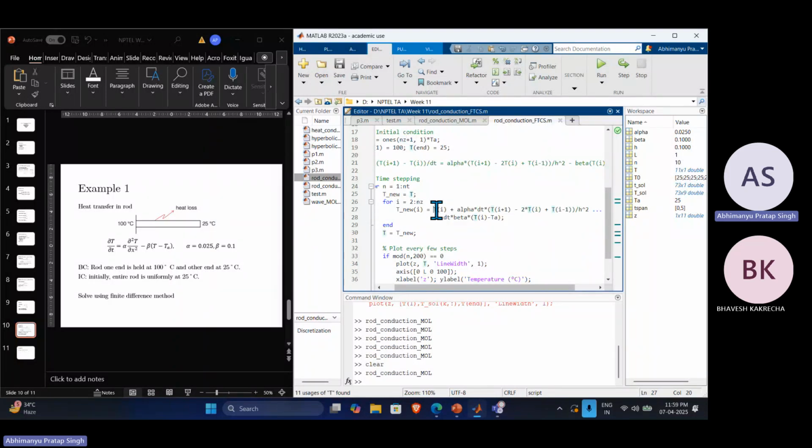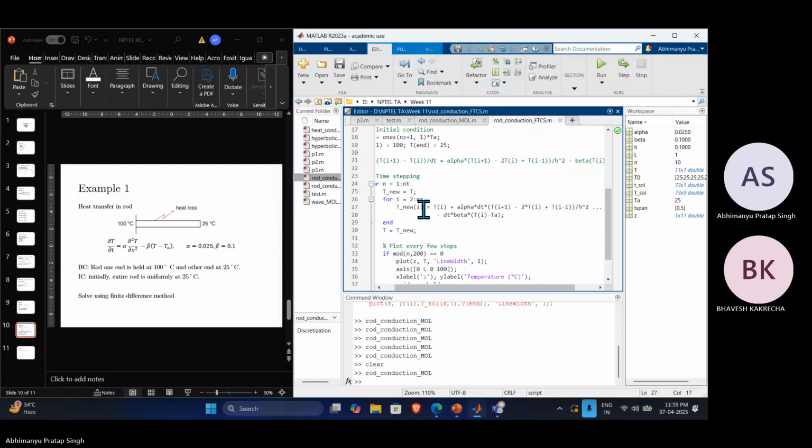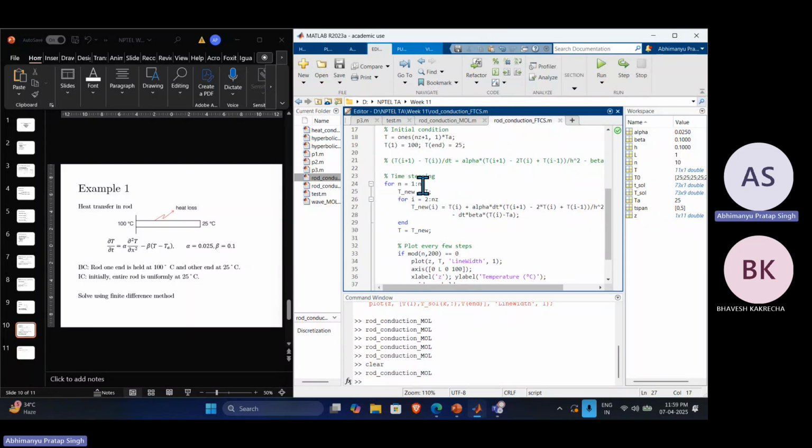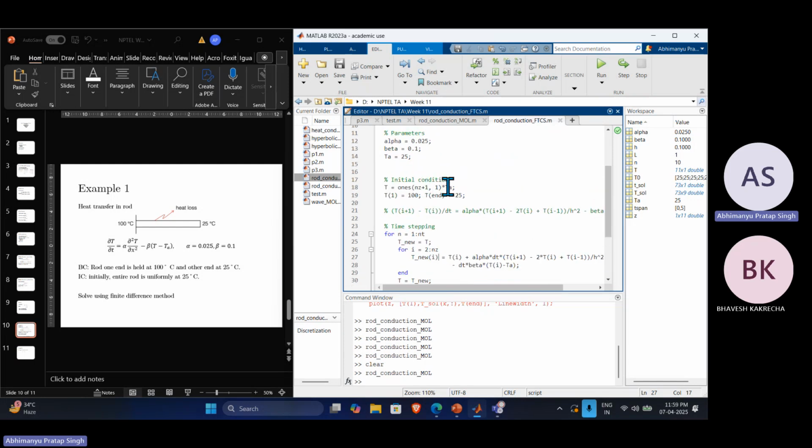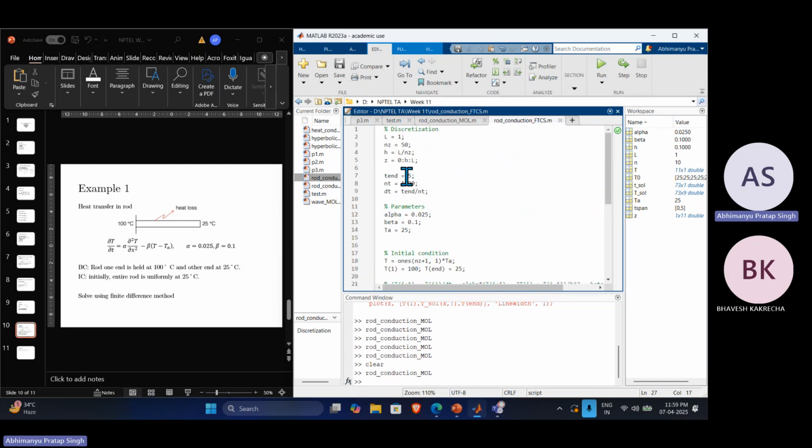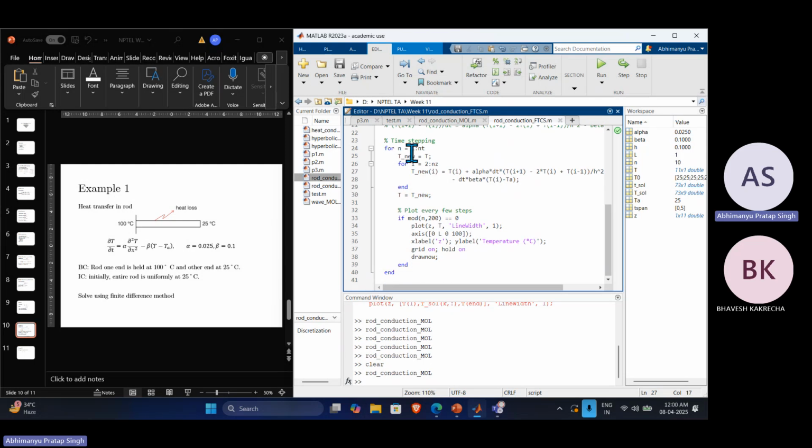So this is for all the values corresponding to the previous time step, and I'm using these values to calculate the T new, the temperature at the ith node for the current time step. And I continue to do this till 5 seconds. Yeah. So up to 5 seconds, I continue to do this.